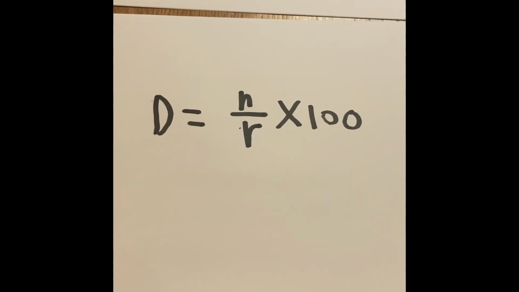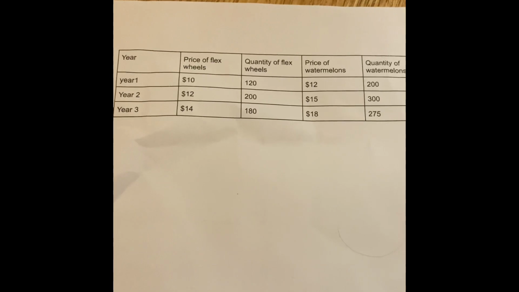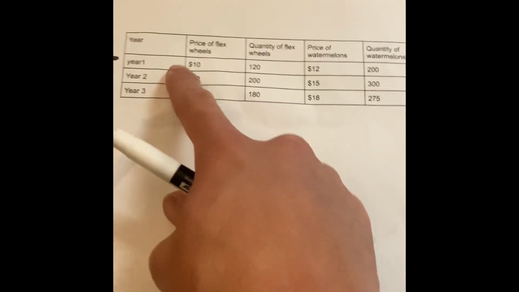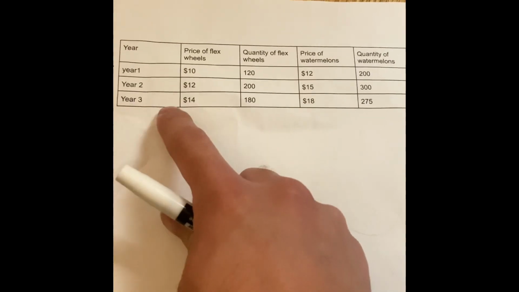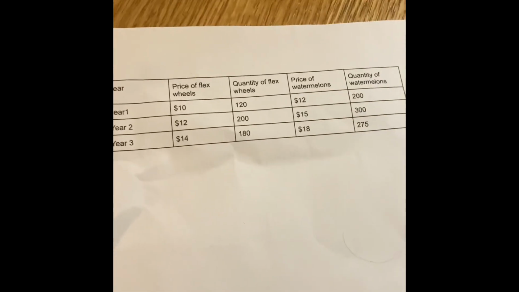And not only that, the deflator is very useful when you have to calculate the positives and the negatives of each year. It calculates between year 1, year 2, and year 3 if it goes up or down.